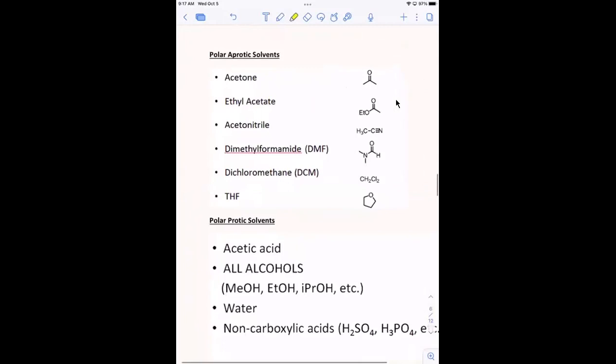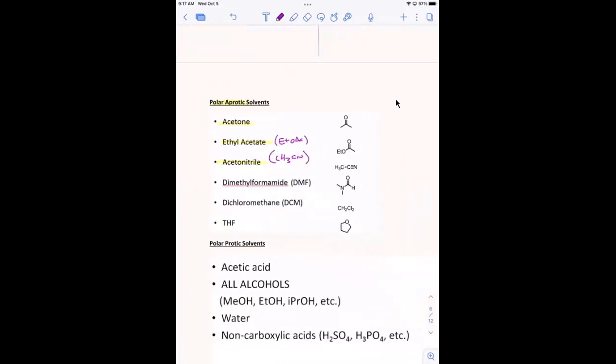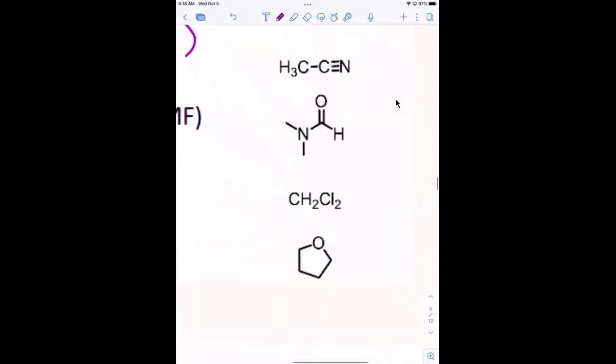These are examples of polar aprotic solvents: acetone, ethyl acetate, acetonitrile, which is sometimes written as CH3CN, DMF, DCM, THF. All of these are aprotic. They cannot donate H plus. And if you're looking at the amide, the formamide hydrogen is not acidic.